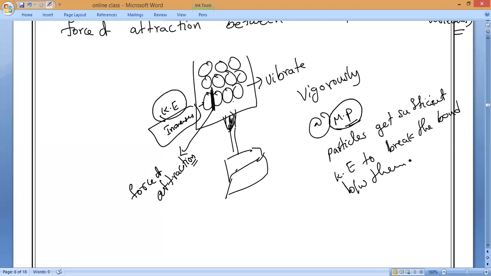Once they are displaced from the fixed positions, it is called a liquid.